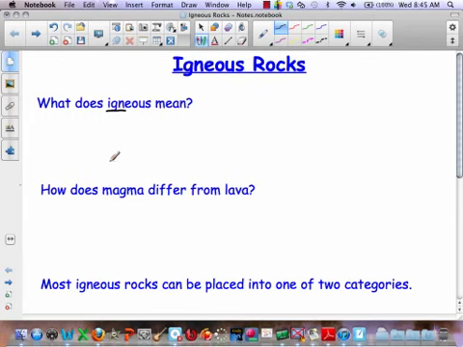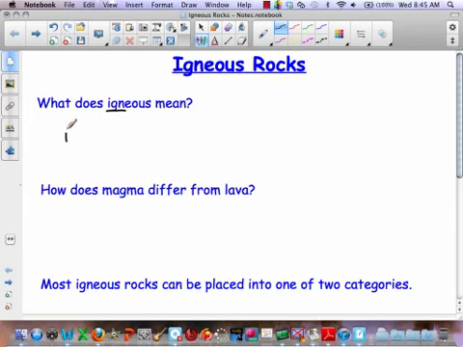So what does that actual word igneous mean? Igneous means they are formed by a cooling of... Not so much the high pressure heat, but basically it's from fire, right?